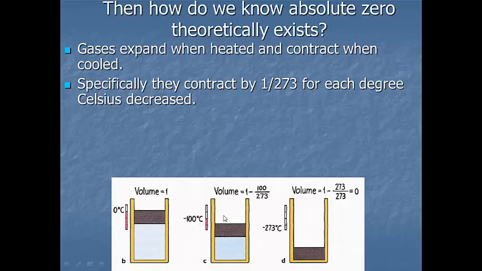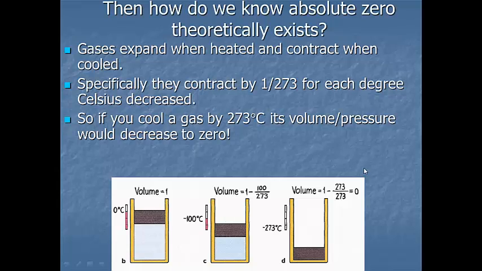If you decrease the temperature by 273 degrees Celsius, then its volume and pressure would decrease to 0. So if the volume starts out as 1, and you subtract 1, then it decreases to 0. And obviously, a gas cannot have a volume of 0, so that's not possible.